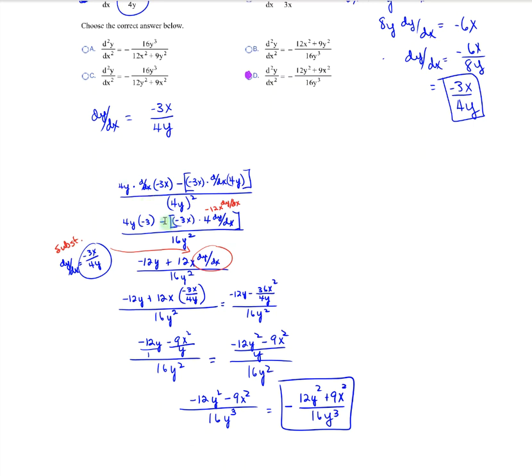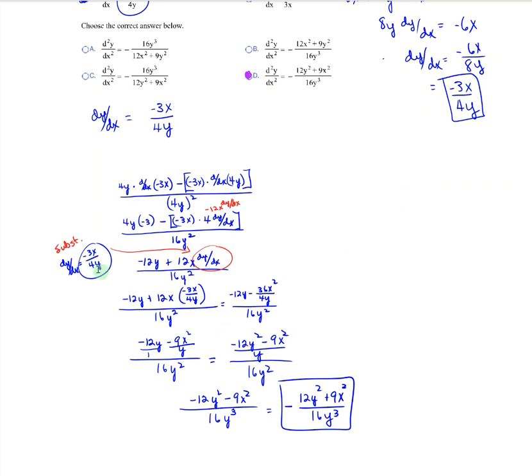All right, so we did that, and this minus is going to distribute there. So we have negative 12y plus 12x dy dx. At this point, when we've only got this dy dx, we're going to substitute what we know dy dx is.